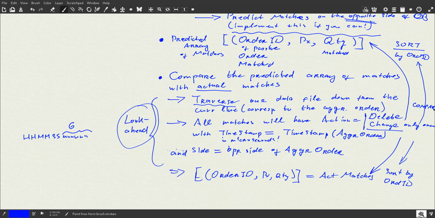Okay, and again, if they do not compare equal, and one of your colleagues had already just manually identified the situation when, for example, the sum of quantities in the actual matches appears to be greater than the original quantity of the aggressive order, which would mean that these two arrays do not compare equal. This is an error in the data.